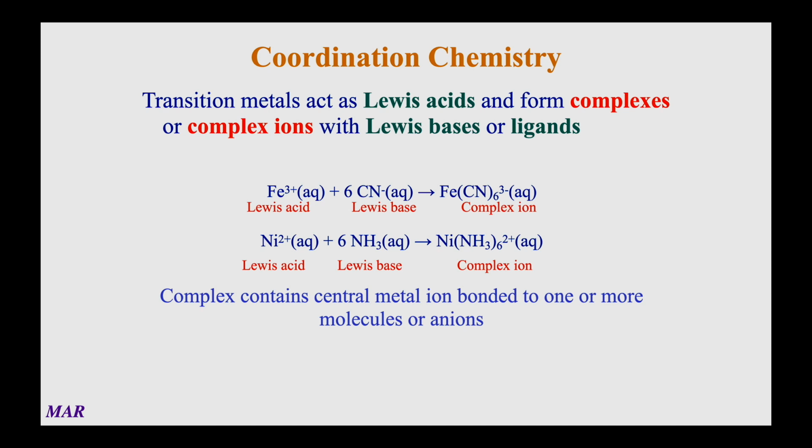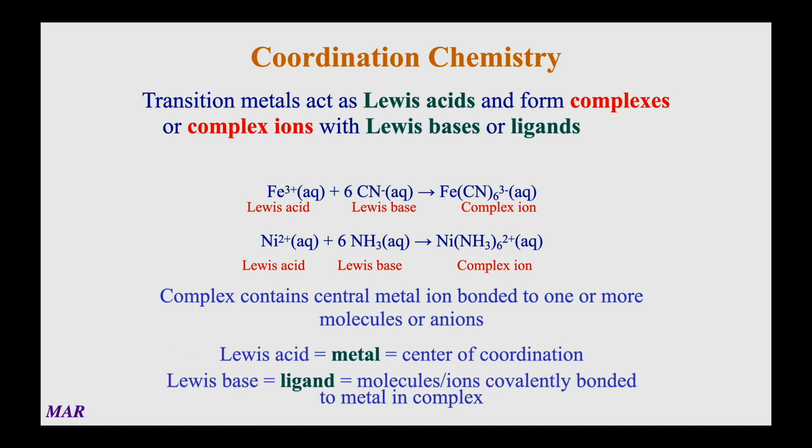So complex ions in this world, or complexes, are really nothing more than Lewis acids, a transition metal, in the middle of these ligands, which are like Lewis bases. We'll see some weird ligands that we're not used to, but that's really all it comes down to. They'll always have multiple ligands or multiple places that you can connect the transition metal to. Kind of cool. So again, the Lewis acid is the metal.